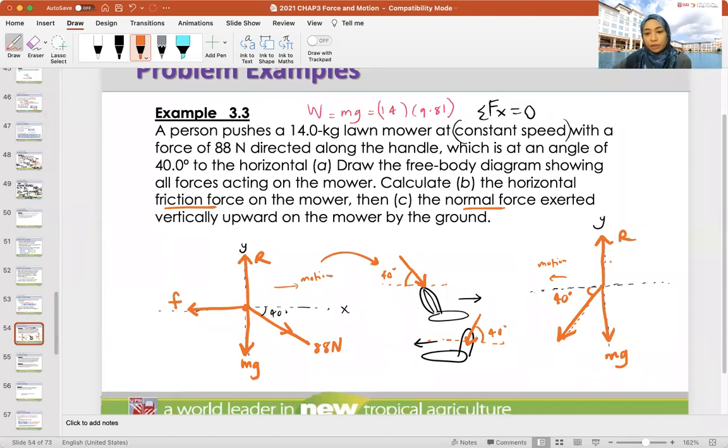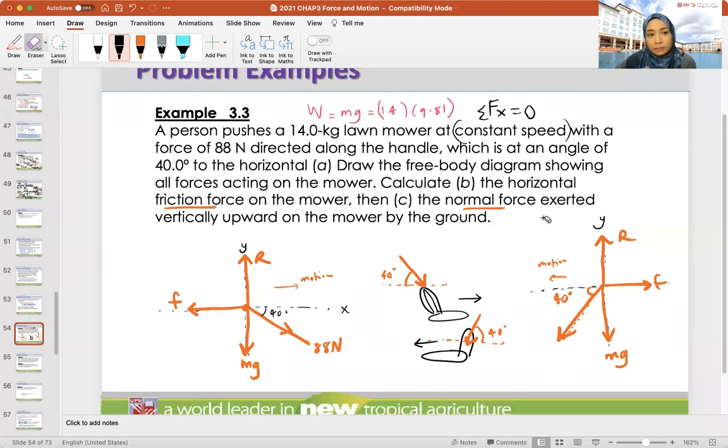It's not part of the free body diagram. So therefore, your friction force would be this way. Okay. Any questions so far? Is everyone following me? No questions? All right, so let's continue.